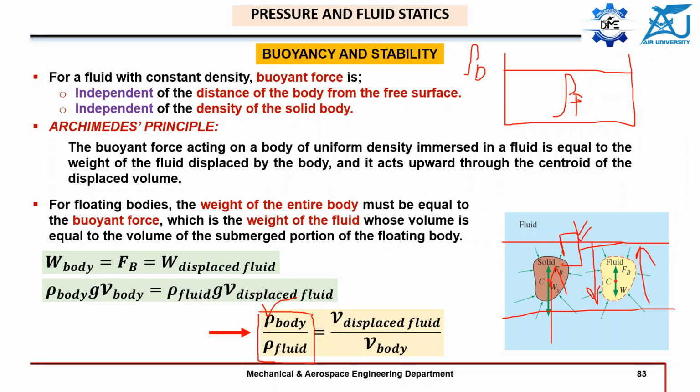So we can directly see by this fraction what will happen to the body, whether it will stay at a level, whether it will sink down, or whether it will float upward here, somewhere here.